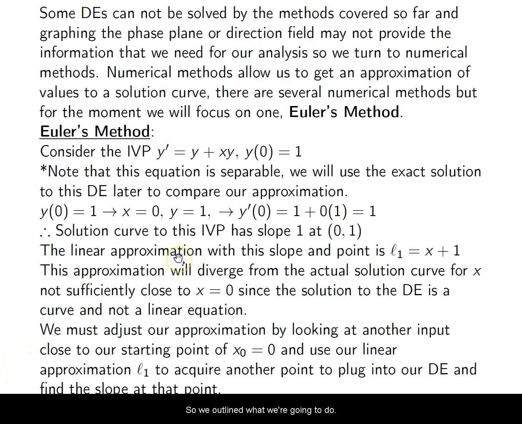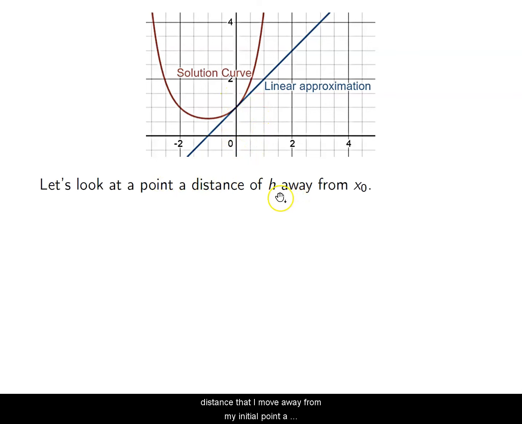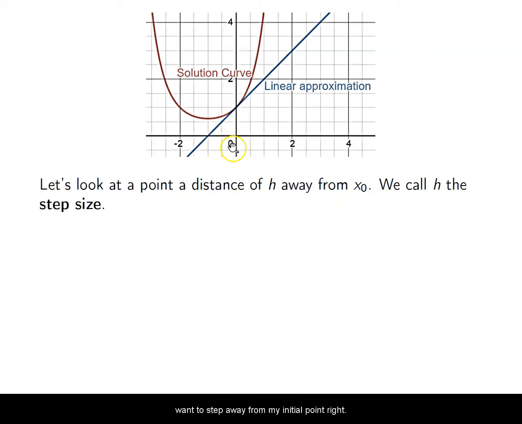So we outline what we're going to do, right? I have this point, I have this slope, I created this line as a linear approximation. So what I want to do is step a little bit away from the point that I'm at, okay? We'll call this distance that I move away from my initial point h. We call that the step size. Here, let's say that my step size is 0.1.